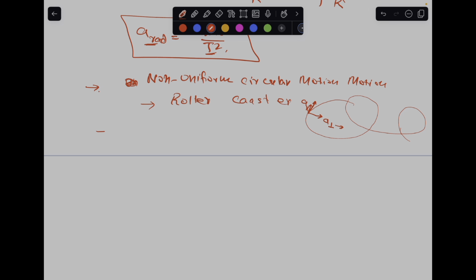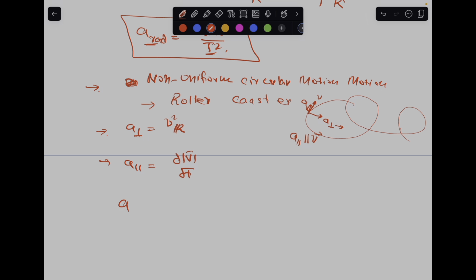The radial component is the same perpendicular component, v square over r, and the tangential component, which is the parallel component, is nothing but dv dt. The tangential acceleration component is parallel to the instantaneous velocity, parallel to this velocity vector. So a parallel is parallel to v.